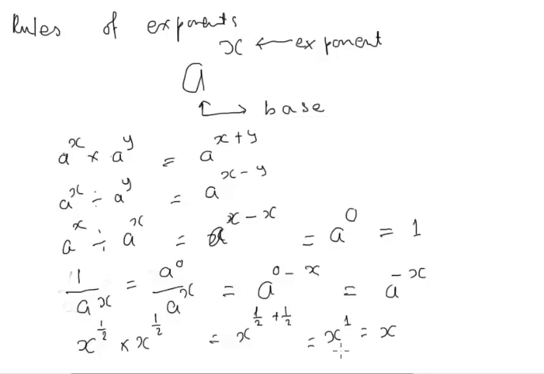If you multiply a number by itself, like we multiply 2 by 2, you get 4. What do you say 4 is? It is the square of 2, isn't it? Yes or no?